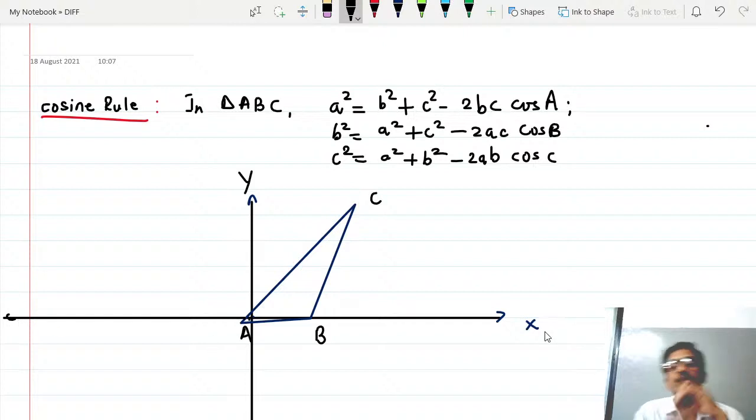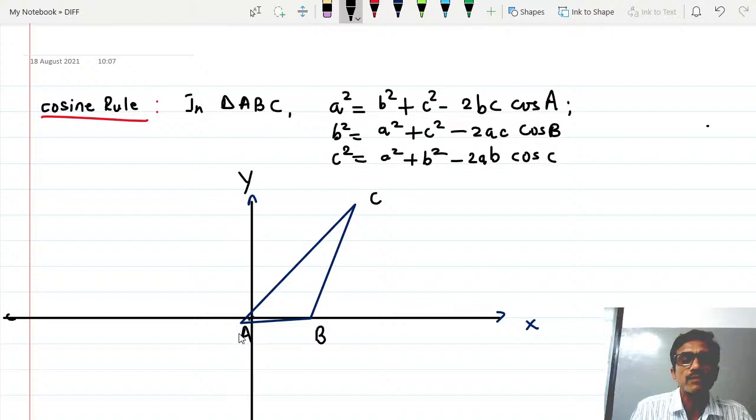This is our geometric construction to prove cosine rule.